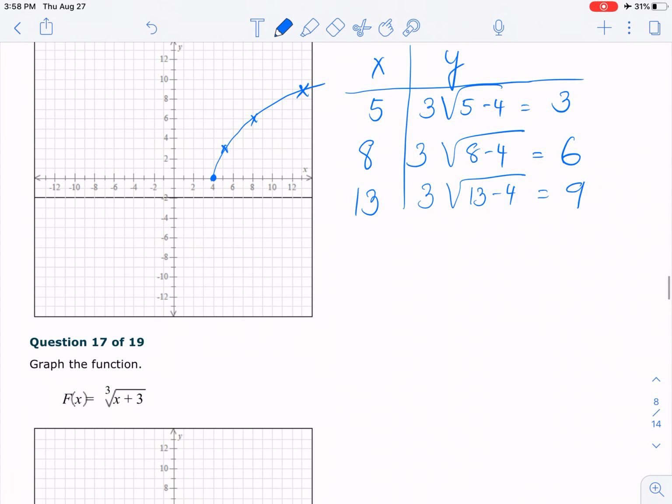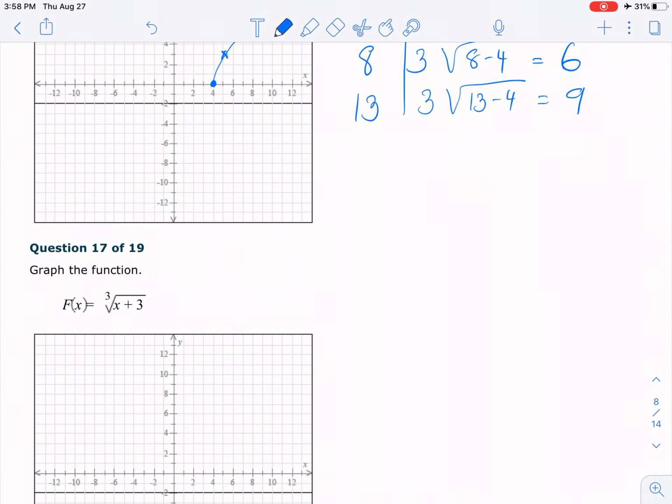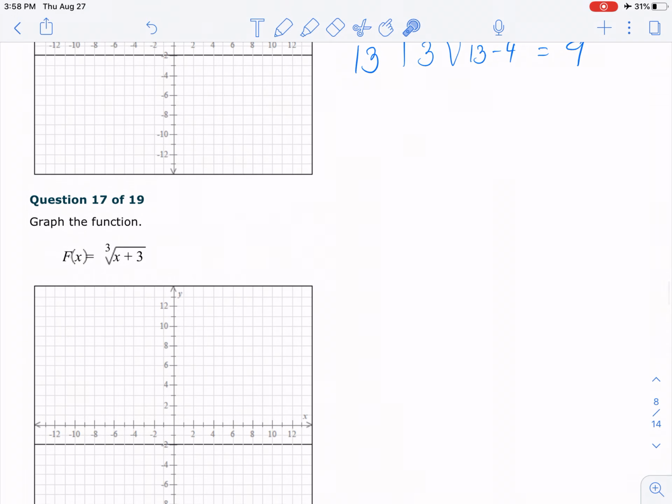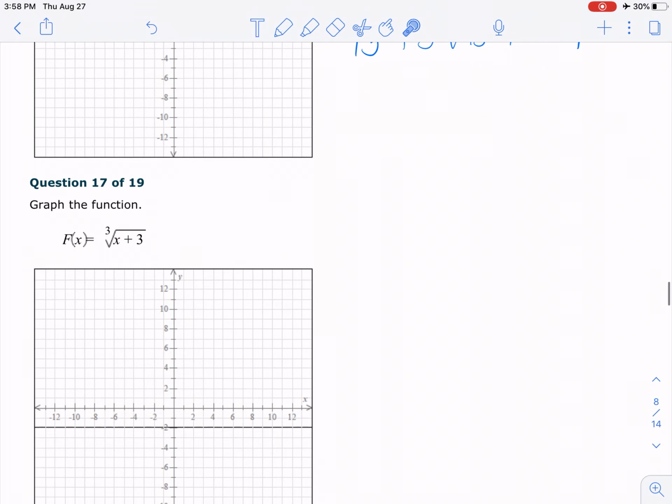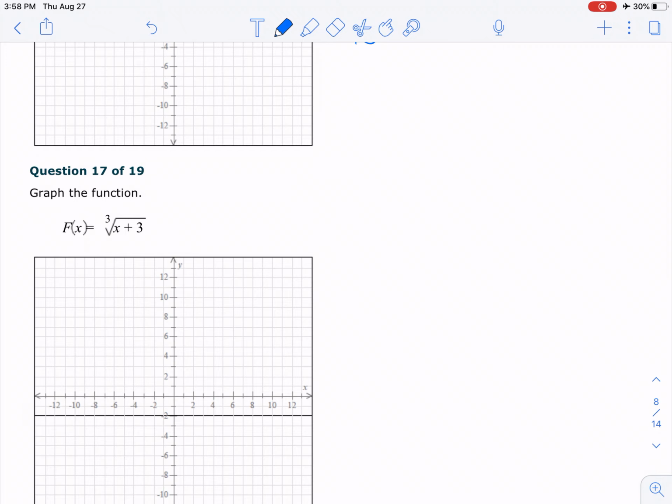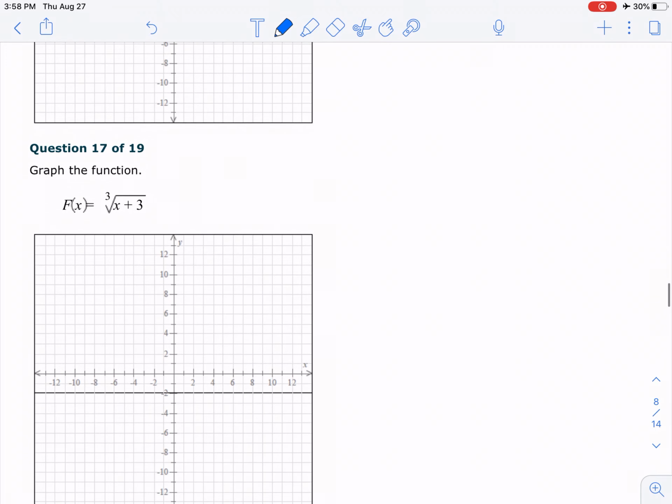Okay, so same thing for number 17. You want to pick something. Now in this case we have the cube root, so you want to create a perfect cube. So when you take the cube root, you get a whole number. All right, so I'm going to try to create the perfect cube.